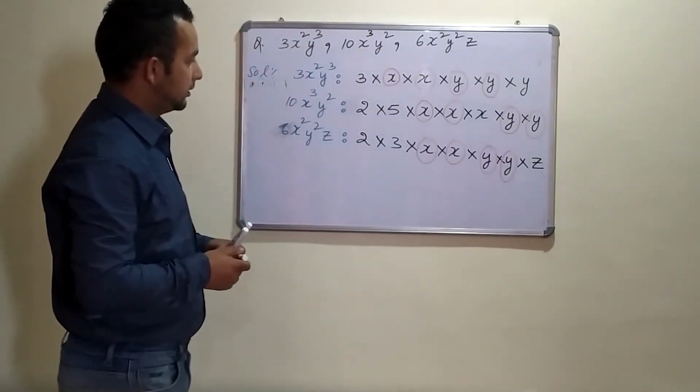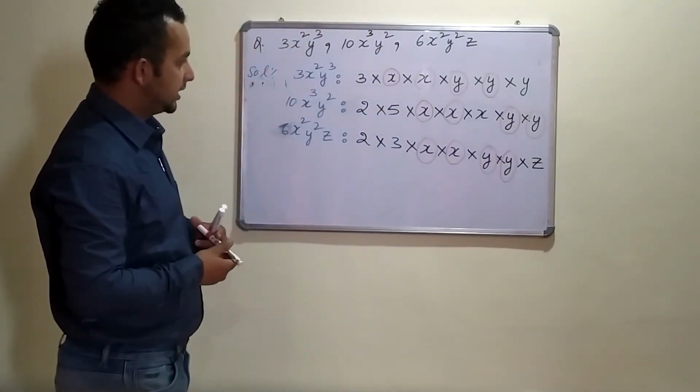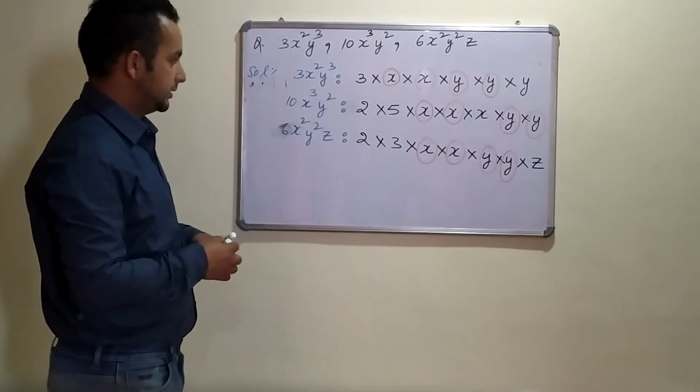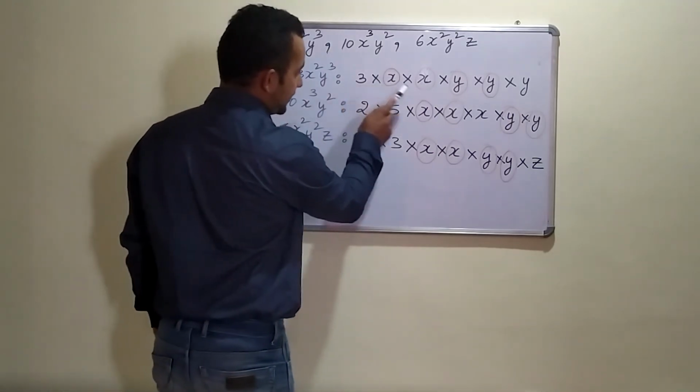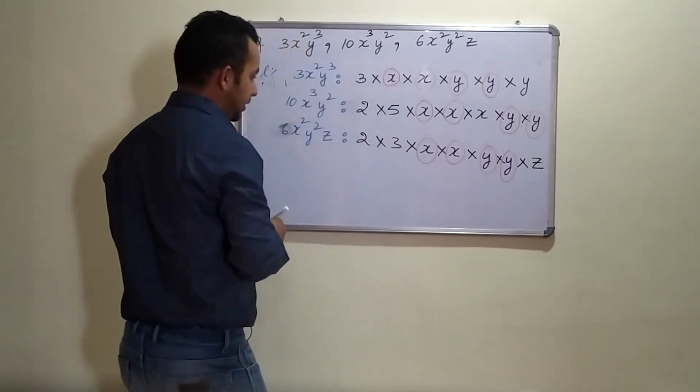So these are your common factors. So you can write each only once.